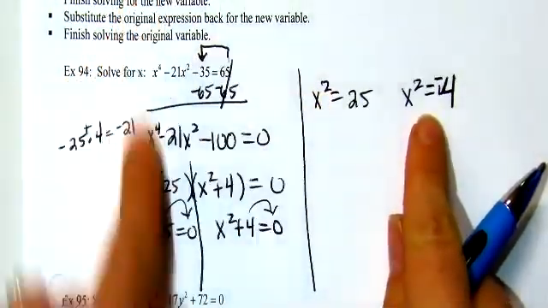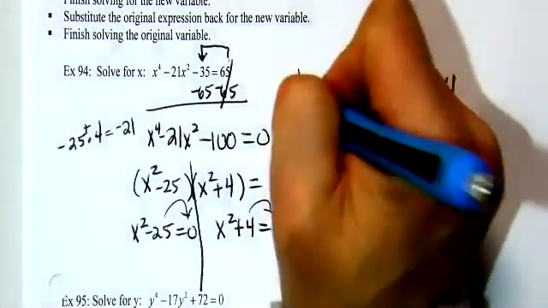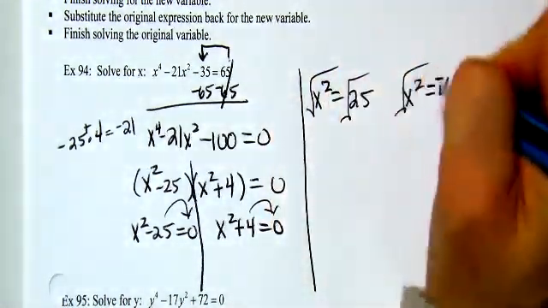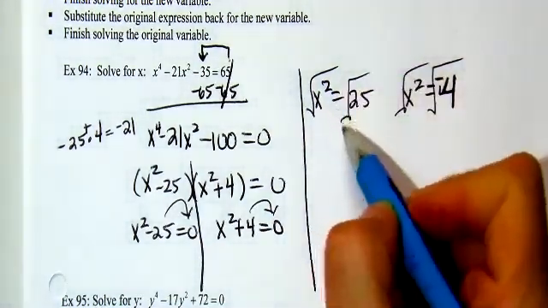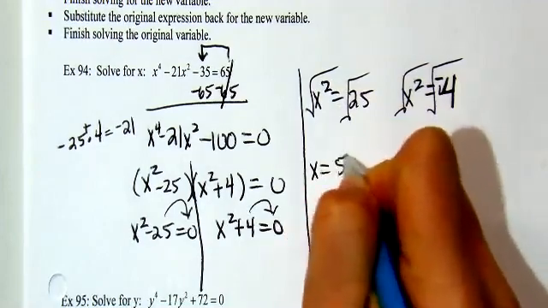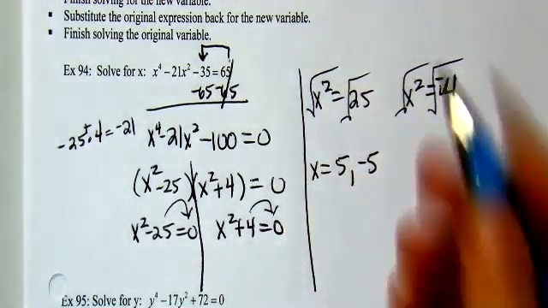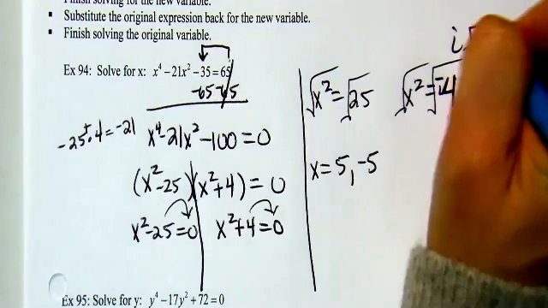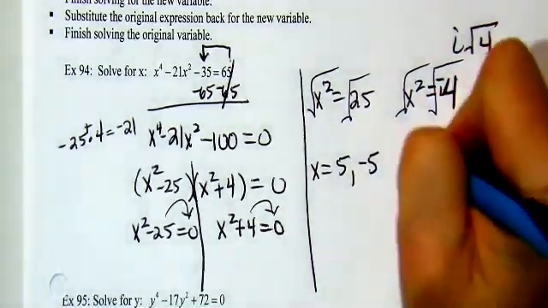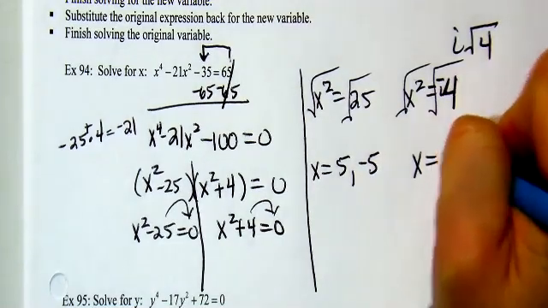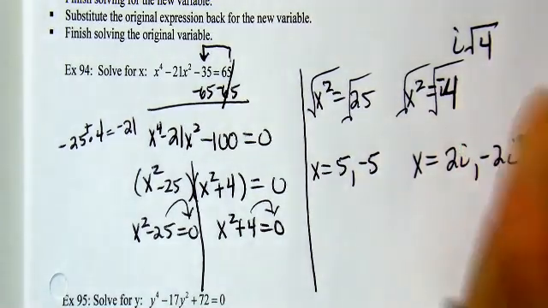Now, after we did the factoring steps, we solve by using the square root property for both of them, remembering that we still have 2 solutions to each one. So x would equal a positive 5 and a negative 5. And then here, remember, we'd have to pull out an i because of the negative under the radical, and x would equal a positive 2i and a negative 2i.